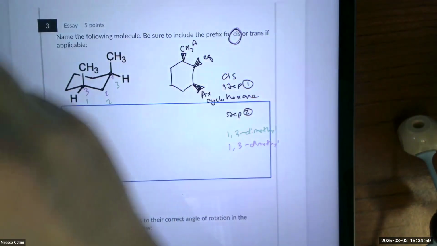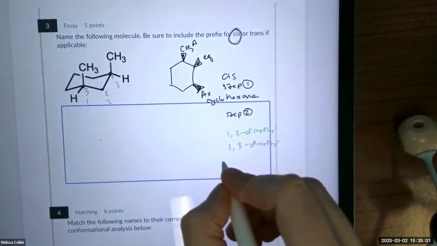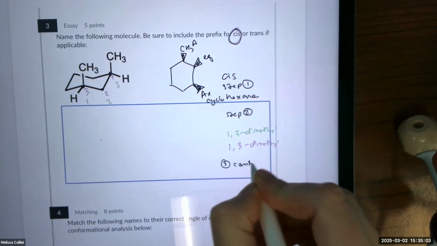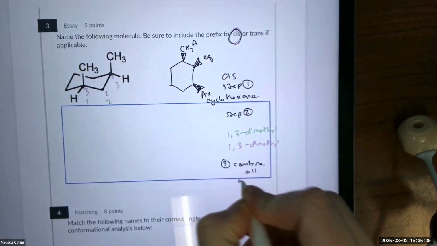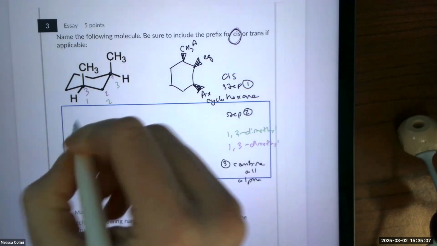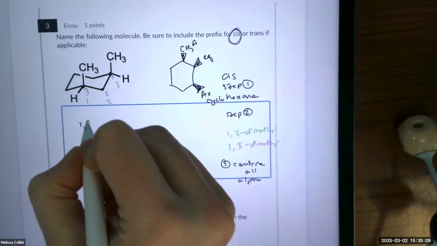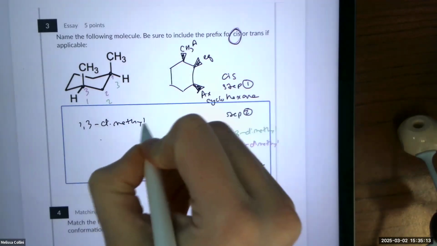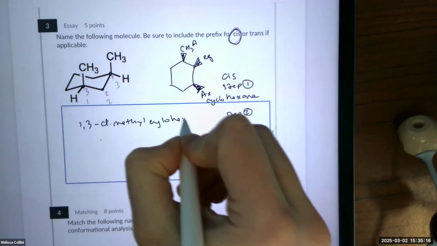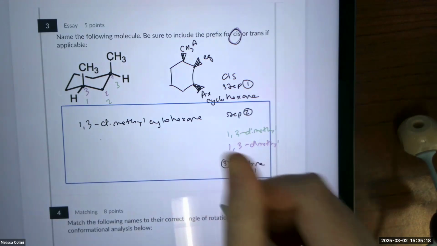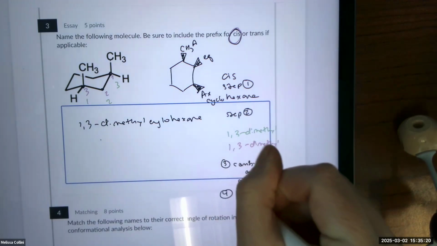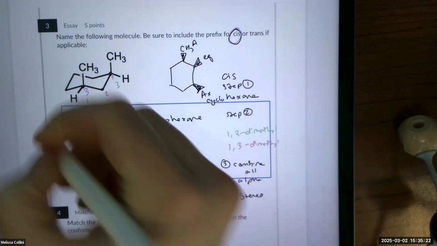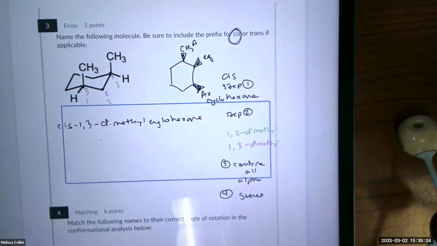Next, we would then combine all in alphabetical order. So this would be 1,3-dimethylcyclohexane. And then the last thing I do, sort of a fourth step, I check for stereochemistry, and these are cis to one another.